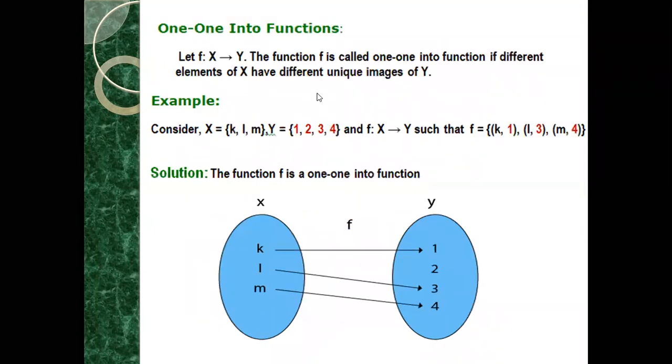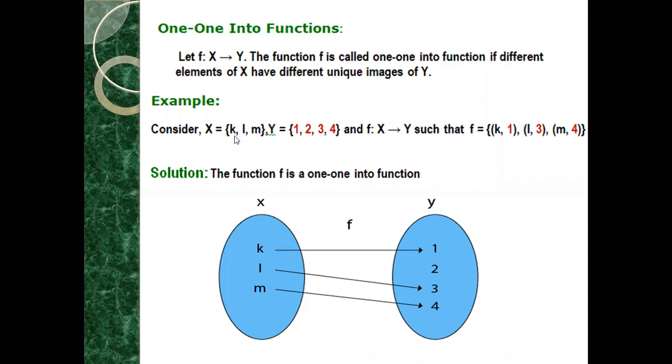Next, one-to-one into functions. Let f map X to Y be a function. The function f is called a one-to-one into function if different elements of X have different unique images in Y. Let us consider an example.